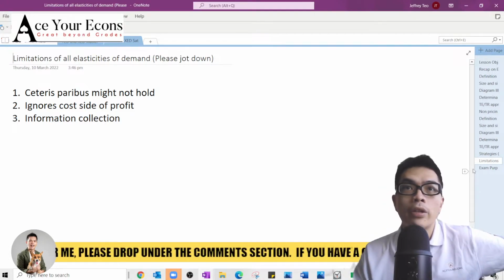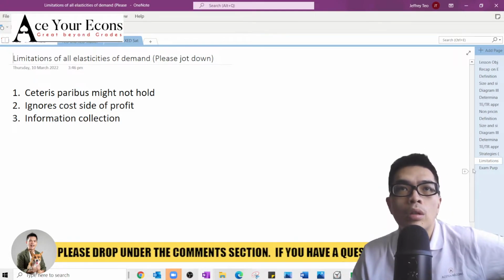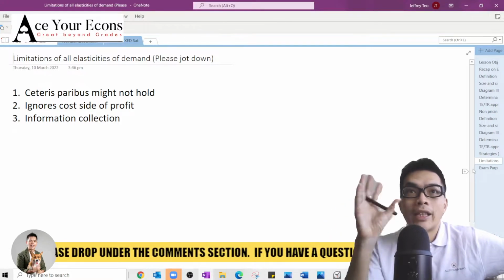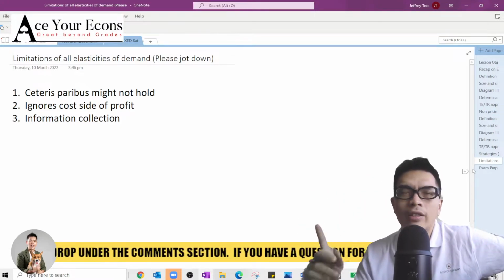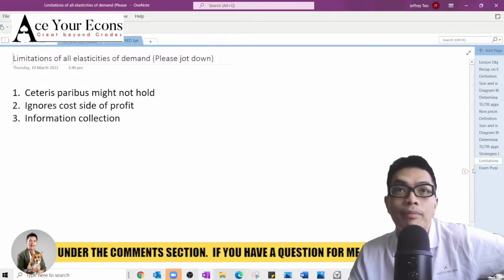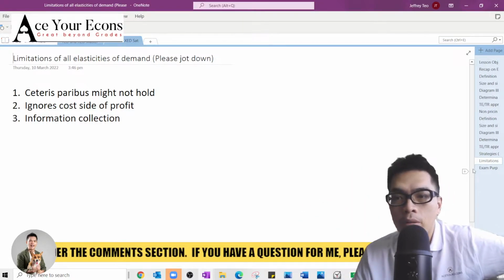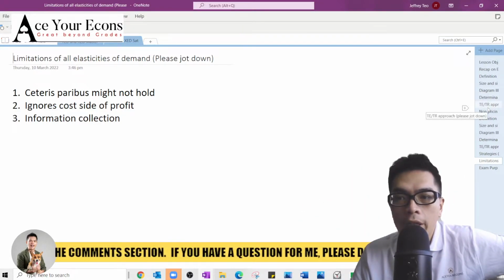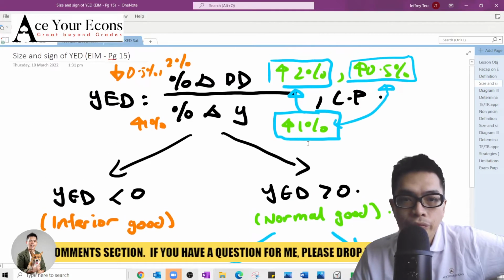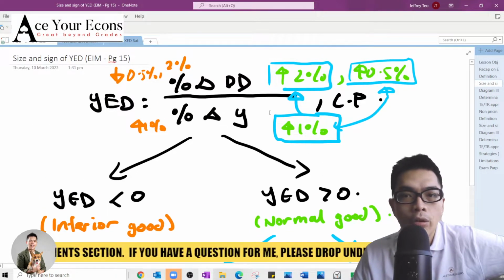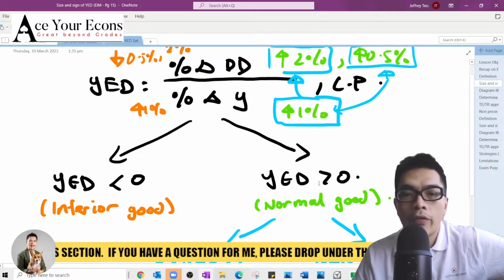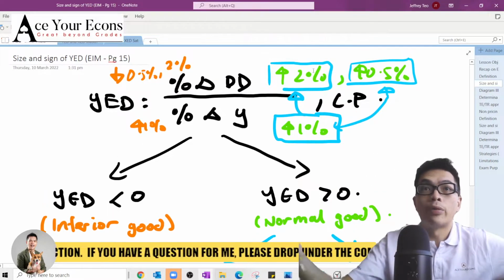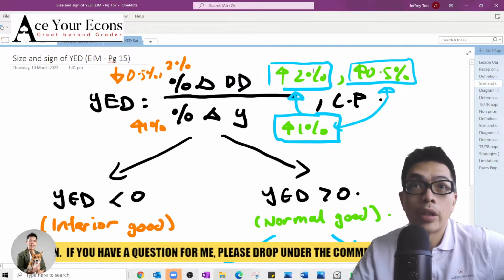Number one, ceteris paribus would not hold. Ceteris paribus means that we isolate everything, keep things the same, and we change one of the variables. For instance, when there's a rise in household income, we know that for a normal good, there's going to be an increase in demand of the good, right?